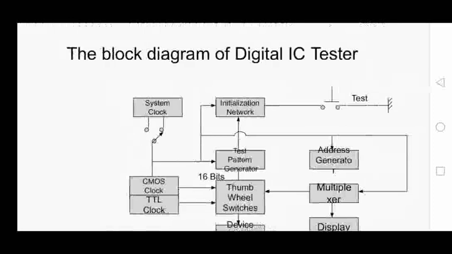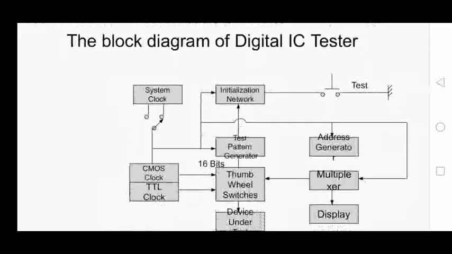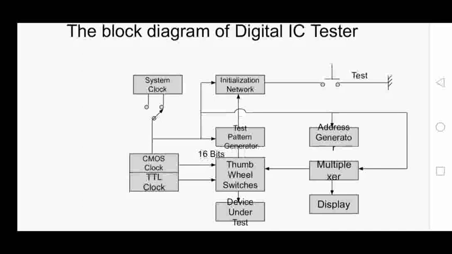So this is the internal block diagram of the digital IC tester. On the front panel control we have seen just the base on which we are putting the IC. An IC will have power supply pins, clock pins, input pins, output pins, direct input or inverted input, ground pins, different pins will be there.